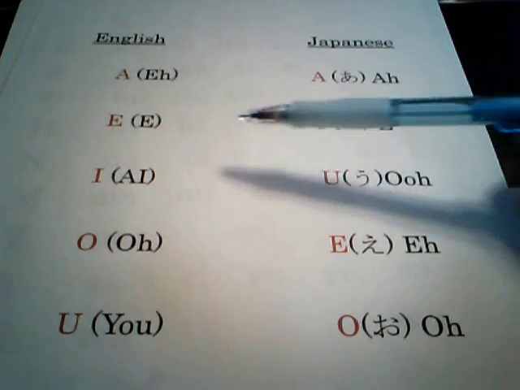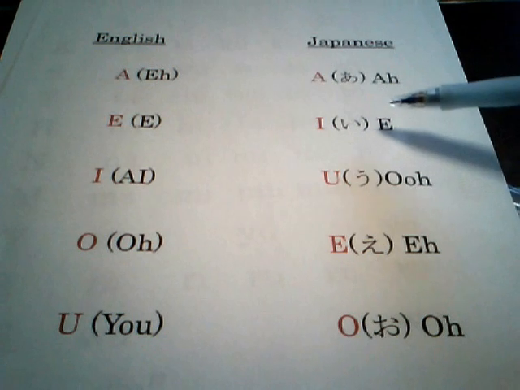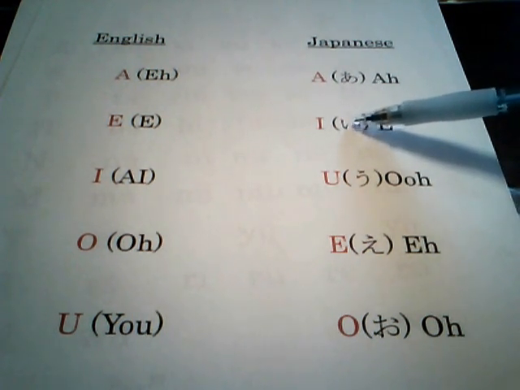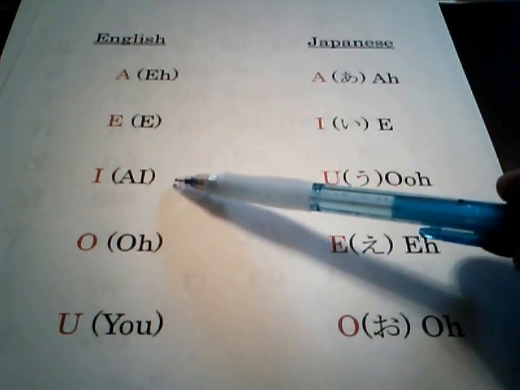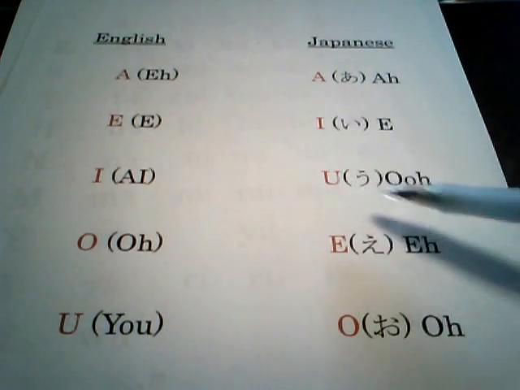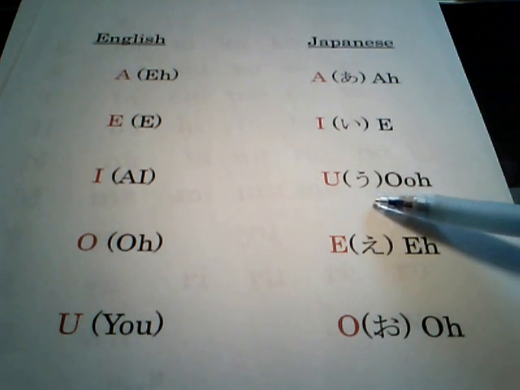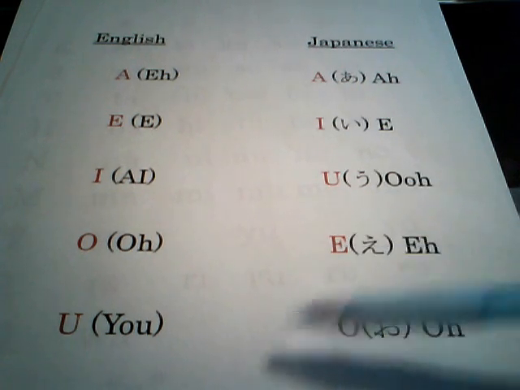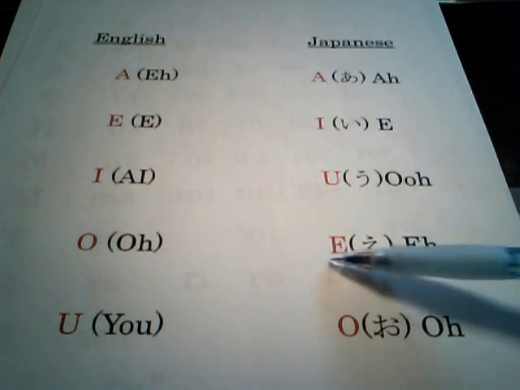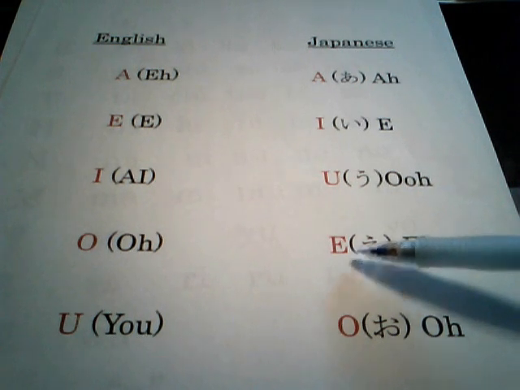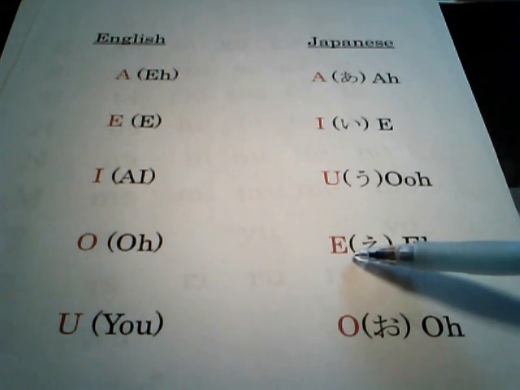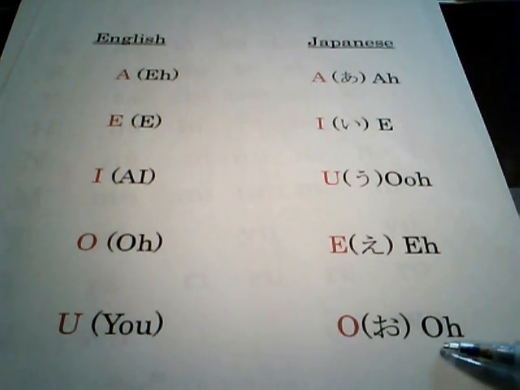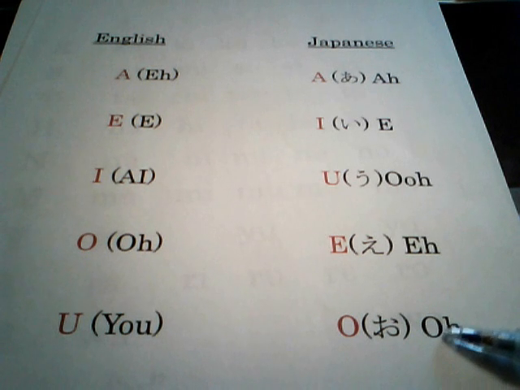If you go down to the second one, you have E. In Japanese, E also exists, but it's used as an I. The third one, I, in English, coming over to the Japanese side, they have a U, which is pronounced as U. On the right side, if you go down here, you see E, but this one is pronounced A. And the left side for English, O, and the right side for Japanese is O.